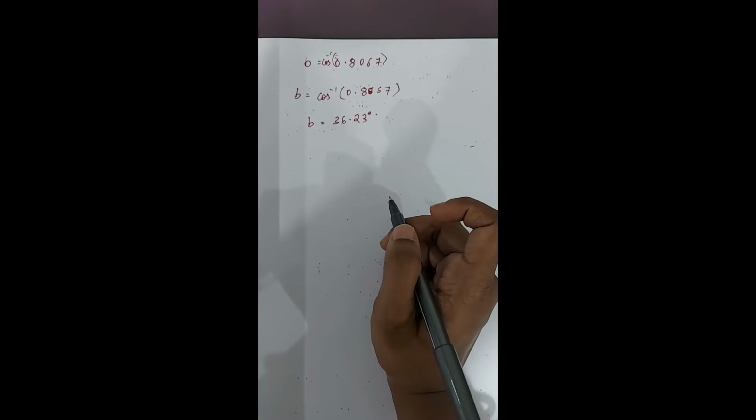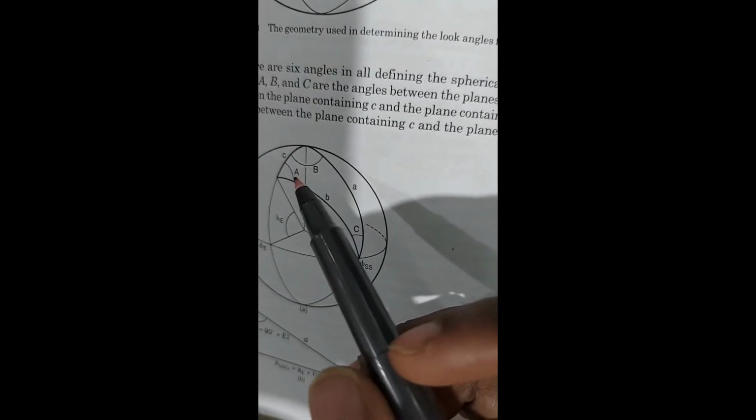See, we are supposed to find the azimuth angle, right? So to find the azimuth angle, it's important to find the value of A. Once we have the value of A, by looking into these diagrams, we can find the value of the azimuth angle.